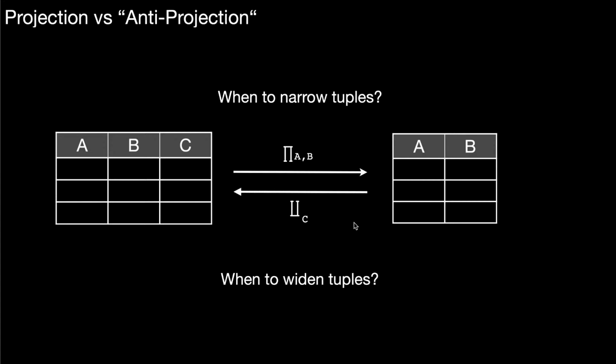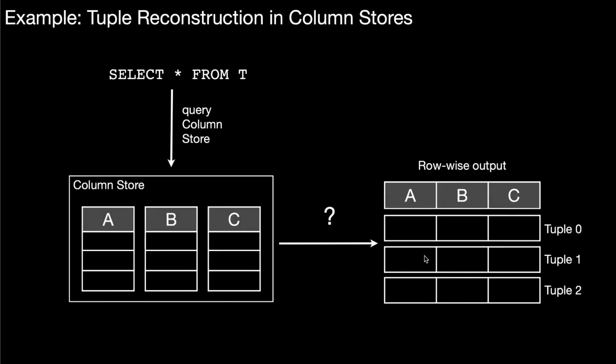And this anti-projection is the opposite. You have a schema, say A, B, and you add a column to that, an existing column that originally belonged to that relation, wasn't there, but now you add it again. So projecting out data is about the question of when to narrow tuples, and the opposite is when to widen tuples.